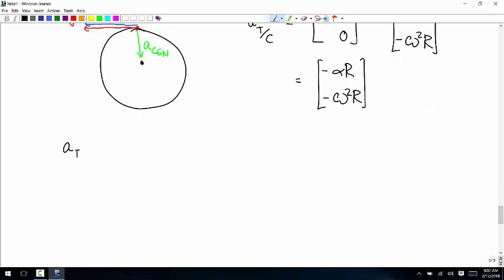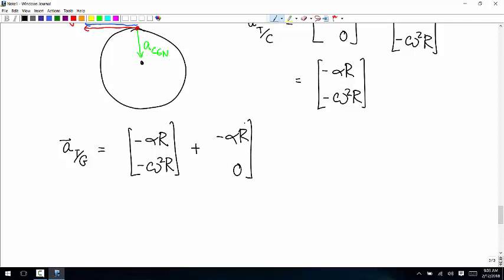And so the acceleration of the top relative to the ground is equal to negative alpha r, negative omega squared r, plus negative alpha r, 0. So negative 2 alpha r, negative omega squared r.